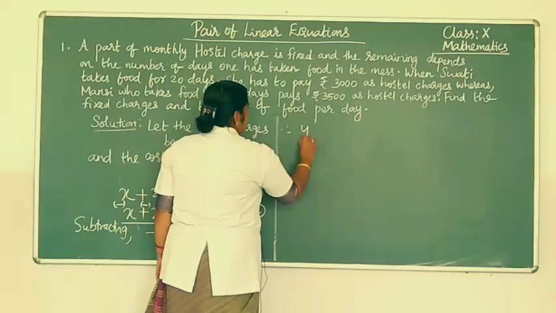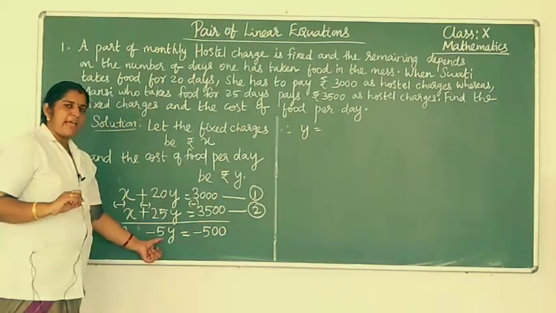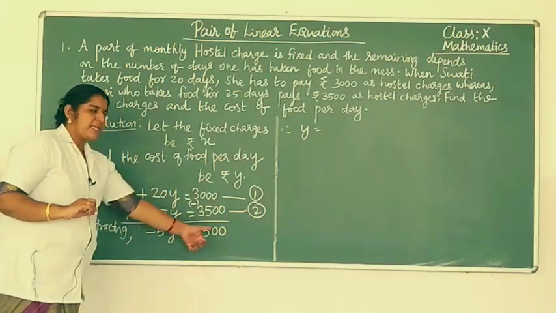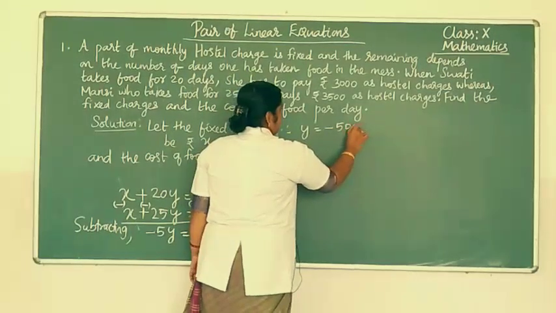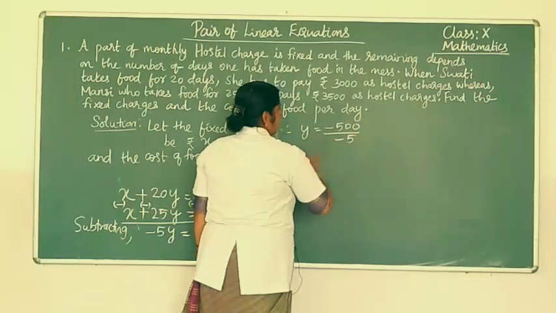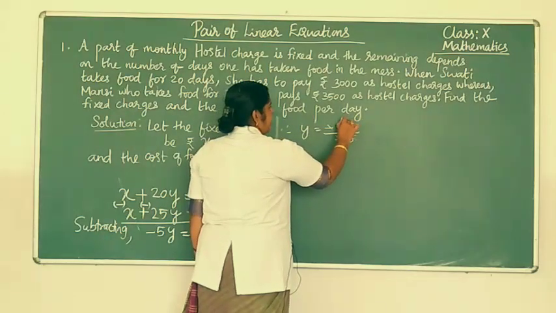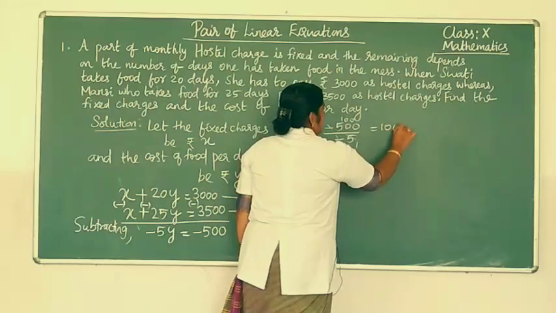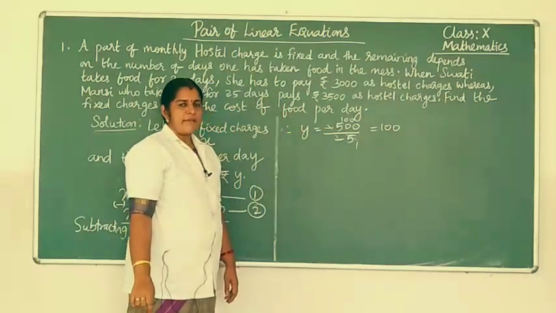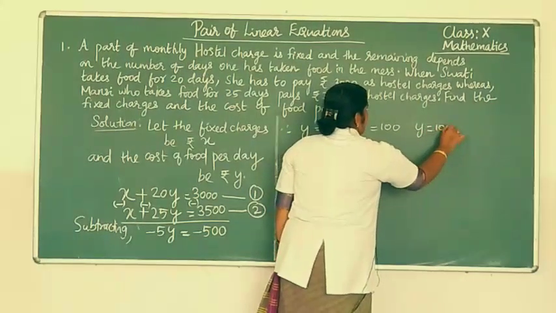Therefore y equals minus 500 divided by minus 5. Now you can cancel the minus, reduce 5 and 500, it will be 100. So thus you got the value of the variable y equal to 100.